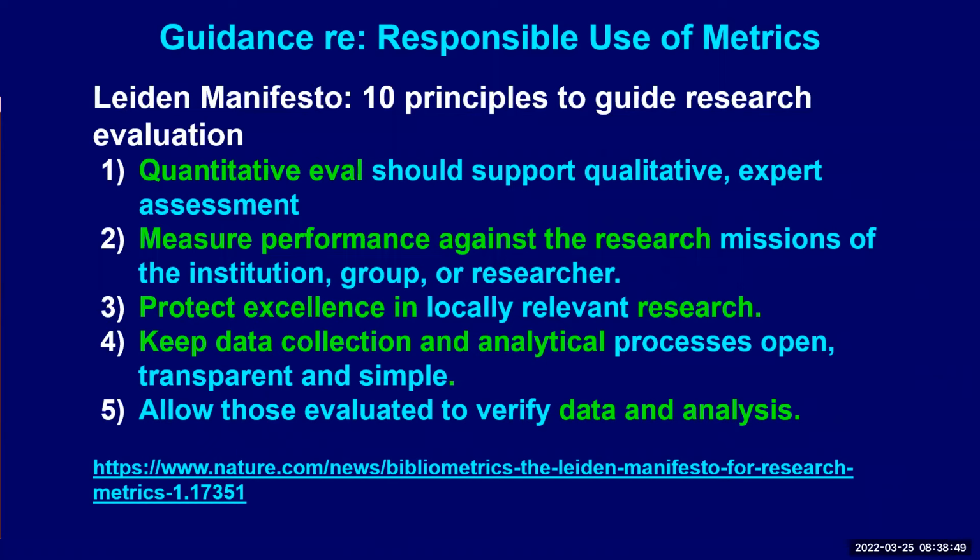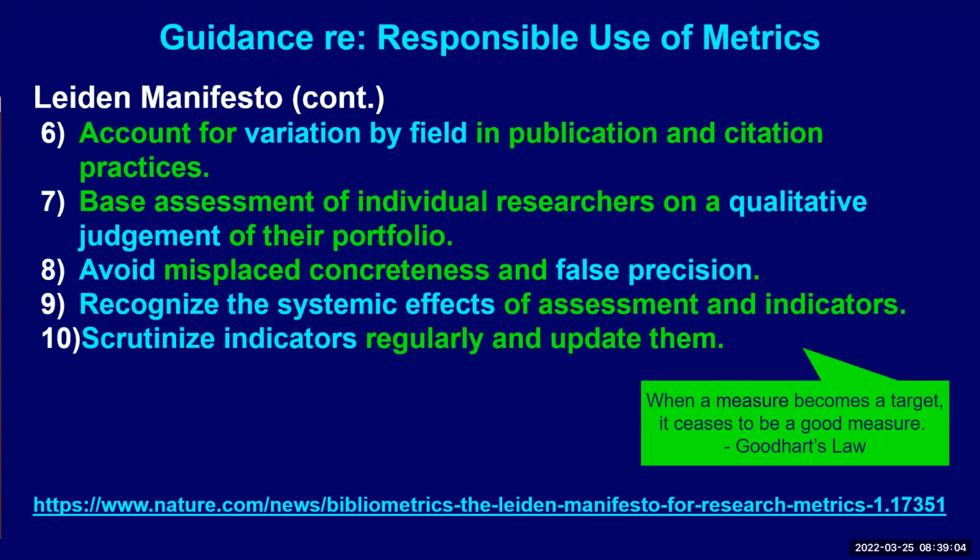The processes around data analysis need to be transparent and open, and those being evaluated need to be given the ability to verify the data that was used. The metrics need to account for variation by discipline. The systemic effects of assessment need to be recognized, and indicators should be scrutinized regularly and updated as needed.